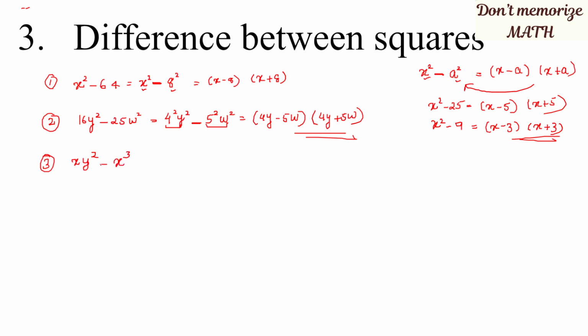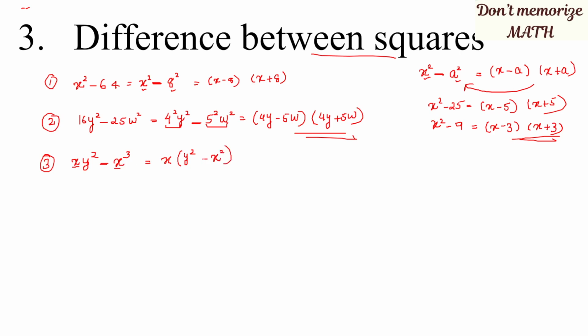It is a difference, but it is not difference between squares, right? Here you have y square, but here you have one x. Here you have x cube, that is not even x square, it is more than that. So what you have to do is take x common outside. When you take x outside, you will get y square, and from x cube we took one x, so x square will be remaining.